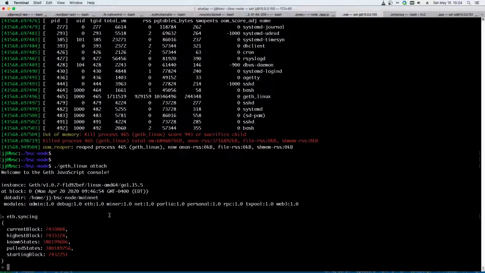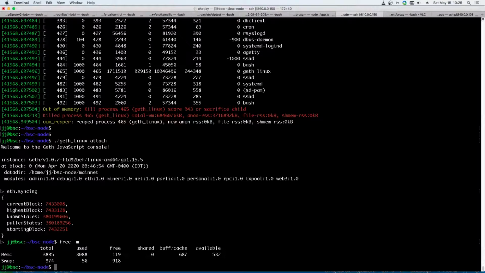But the problem is that we need to load things in the RAM more. Whatever the problem is here, this crazy little system that I built too long ago has only got 4 gigabytes of RAM.